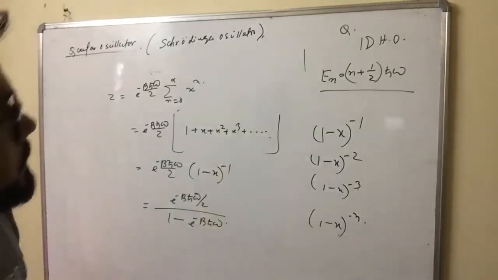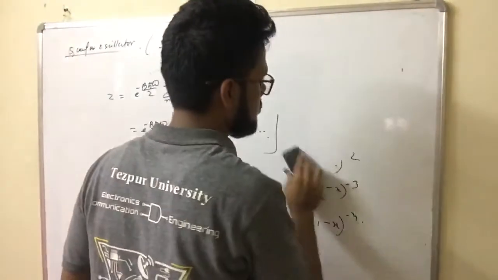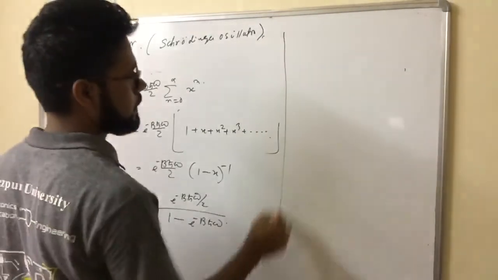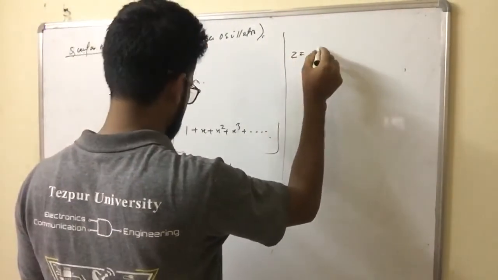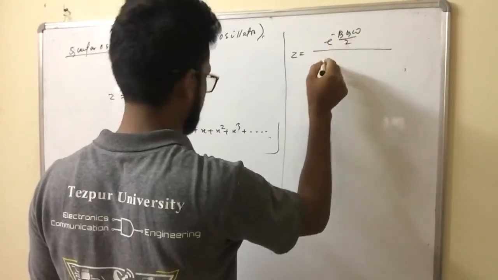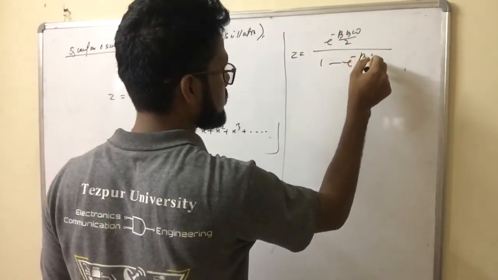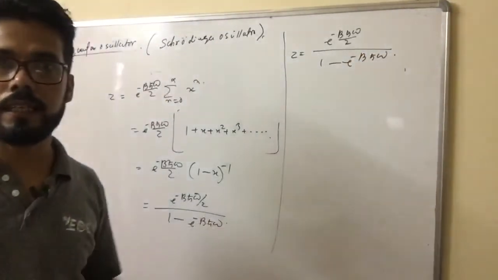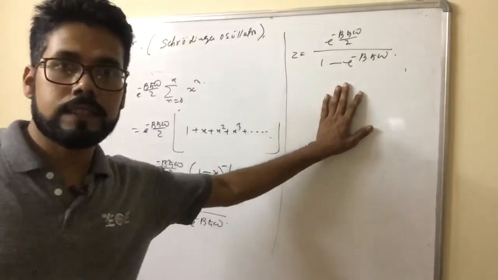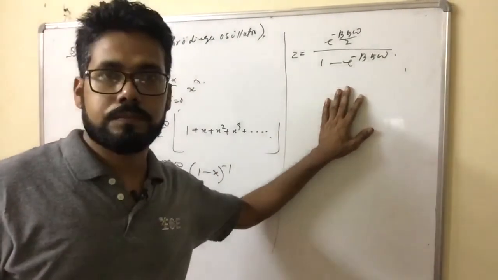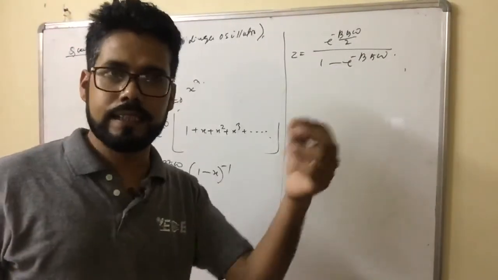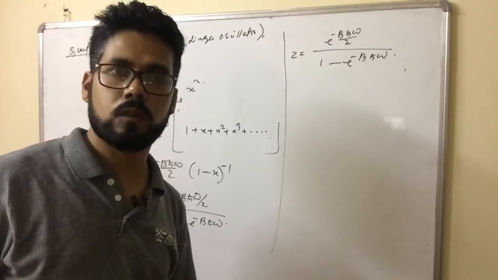So in the case of the Schrödinger oscillator, one-dimensional, the partition function is e to the power minus beta h cos omega by 2 divided by 1 minus e to the power minus beta h cos omega. This question comes in the NET exam. You can check a NET question paper, which asks which of the following is the correct representation of the partition function. This is a very easy calculation; it hardly takes 10 or 15 seconds, not beyond that.